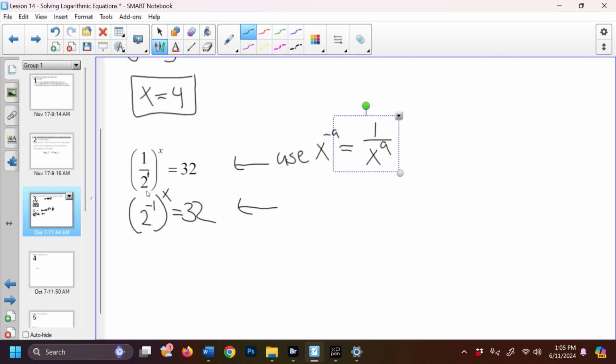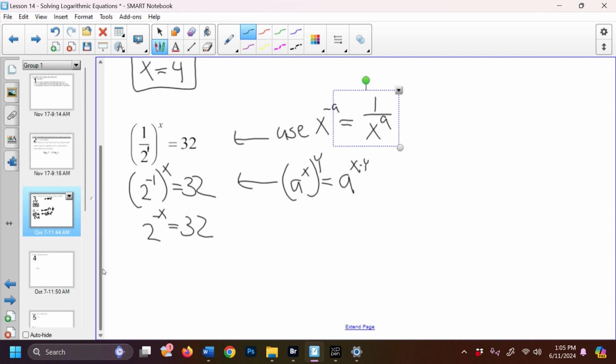Then I'll get rid of my parentheses by using the power to a power rule: a to the x to the y is equal to a to the x times y. That's an easy multiplication. Negative 1 times x is negative x, so I have 2 to the negative x is equal to 32. Just like the previous example, the only way these two things can be equal is if 32 is a perfect power of 2, and it turns out that 32 is 2 to the 5th power.